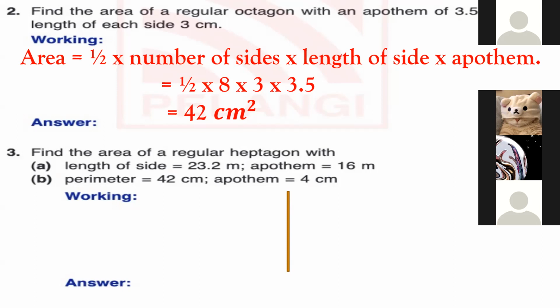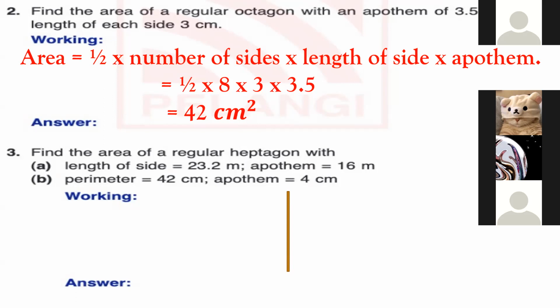Okay, so let's go. How to do it? What's the formula first? Area is equal to 1/2 times number of sides times length of side times apothem.